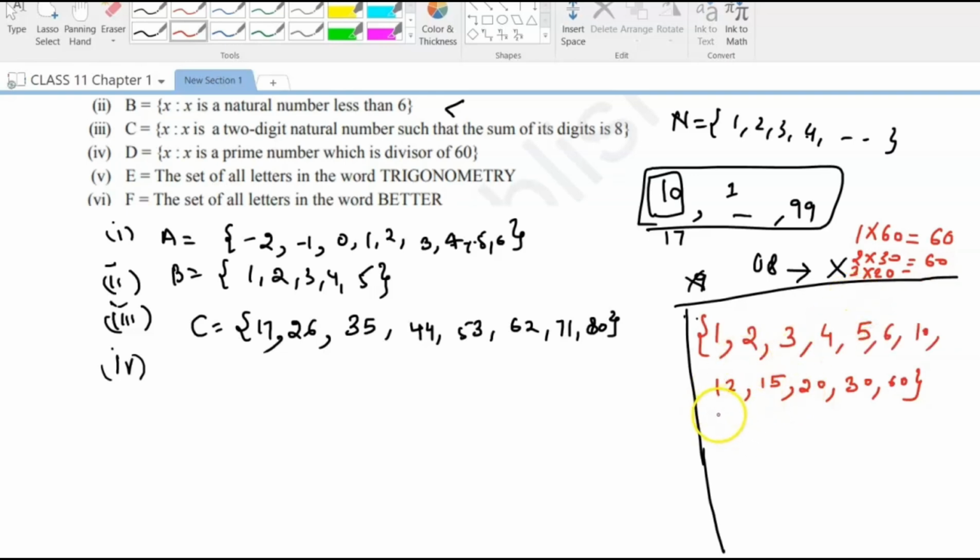Now you need to find the prime numbers that divide 60. So these are all the divisors of 60. You simply need to find all the prime numbers from this set, and that will be your D.